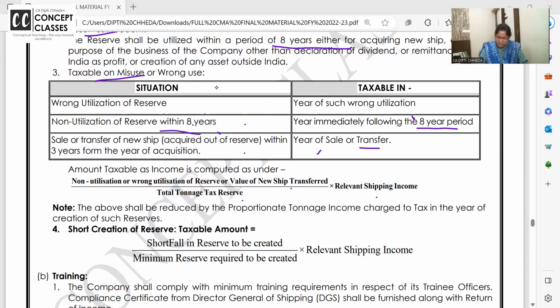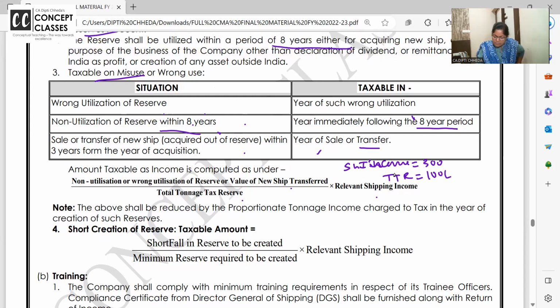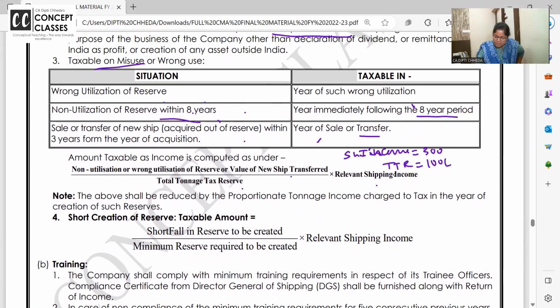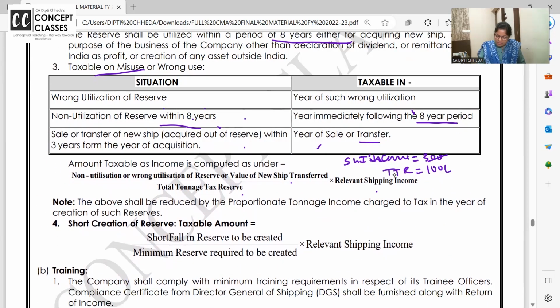I'm writing one example here. Shipping income is 30 lakhs, और आपका TTR पहले का जमा पड़ा है 100 lakhs.